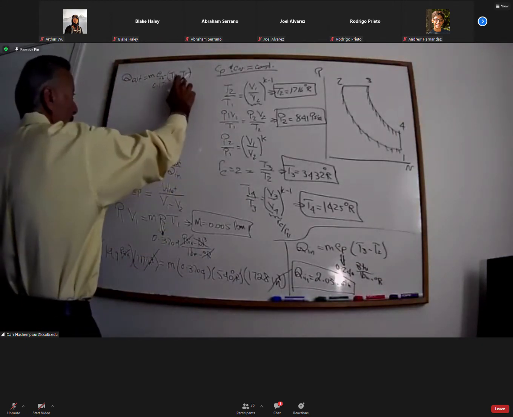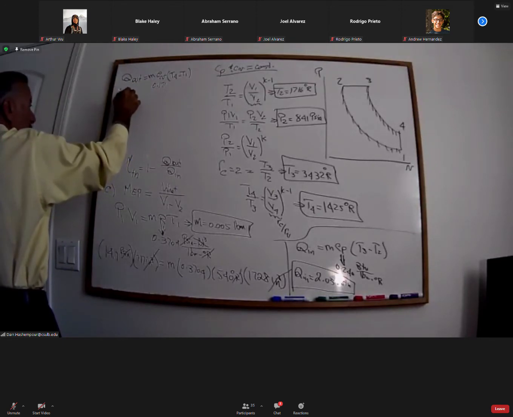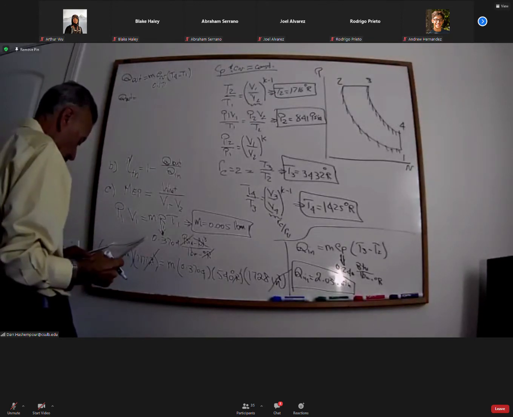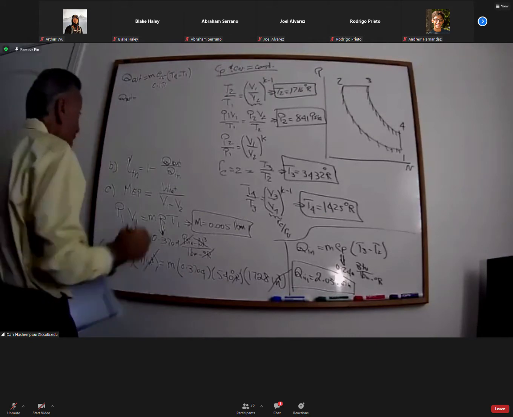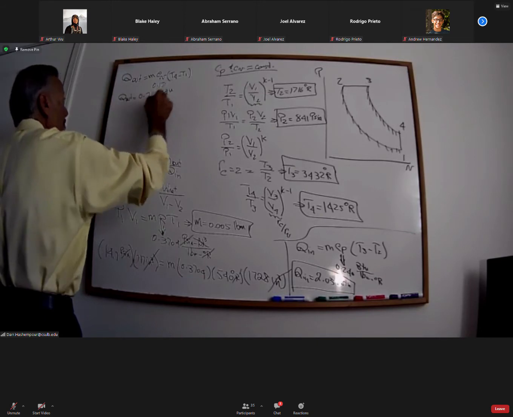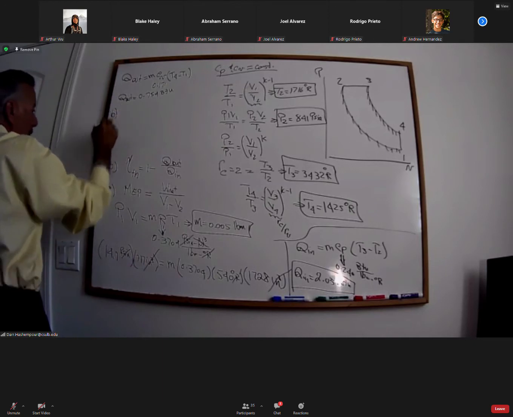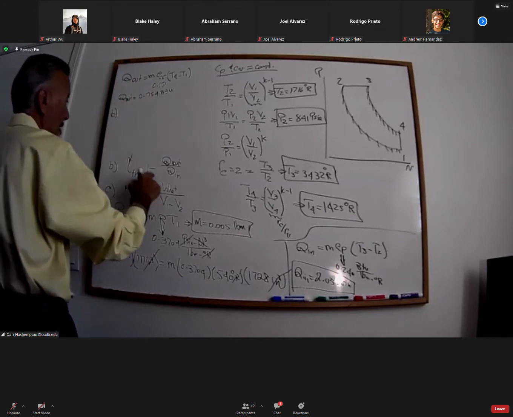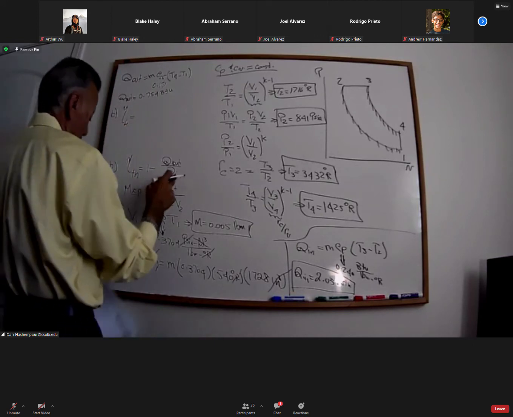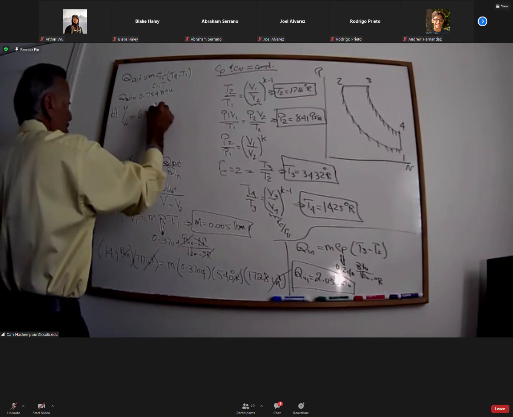I found T4, T1 was given, I calculated the mass, so therefore my Q out simply becomes 0.754 BTU. I look at the thermal efficiency, part B. I plug these two numbers here, and I get a thermal efficiency of 63.2%.